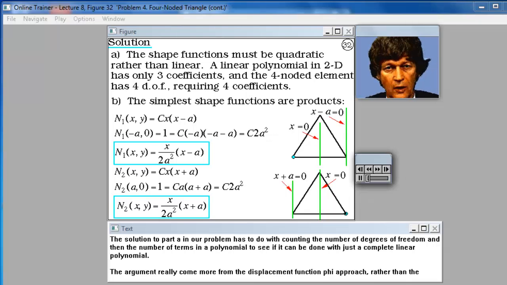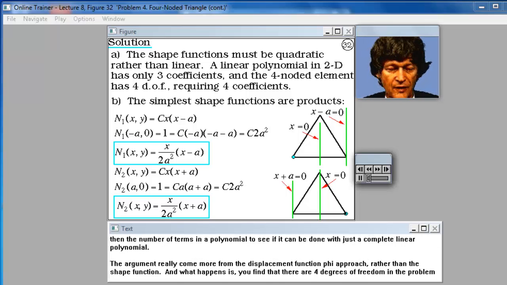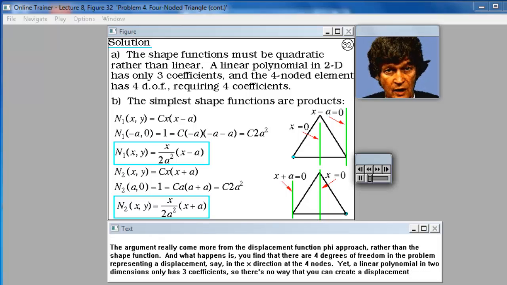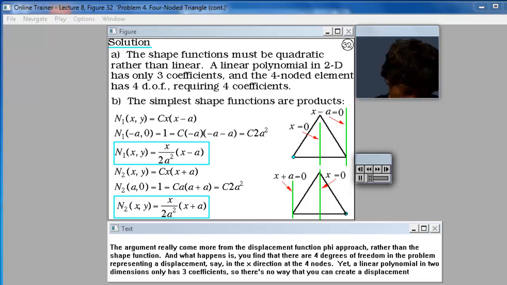The solution to part A in our problem has to do with counting the number of degrees of freedom and then the number of terms in a polynomial to see if it can be done with just a complete linear polynomial. The argument really comes more from the displacement function phi approach rather than the shape function.